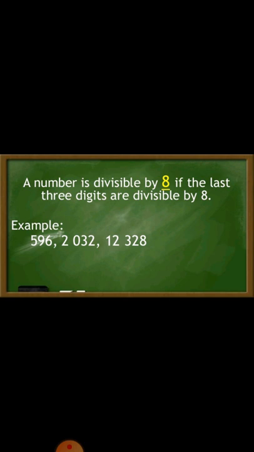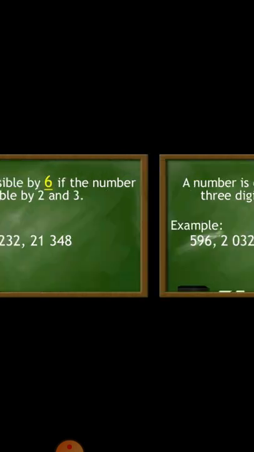For example, first of all, we have 596. 596 is divisible by 8. So we can say that this number is divisible by 8. Next we check 2032. 32 is also divisible by 8. So we can say that 2032 is divisible by 8.